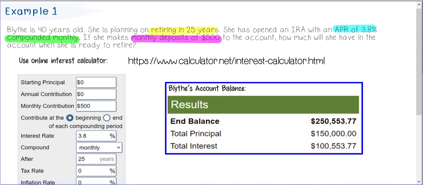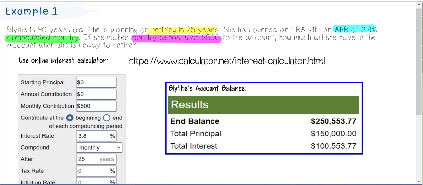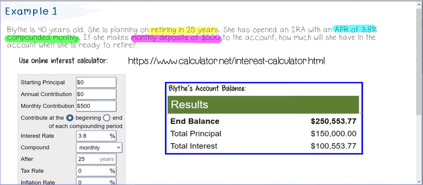When we hit calculate, it's going to tell us what our end balance is when she retires. Our end balance when she retires is $250,553.77. This online calculator will also give us additional information.